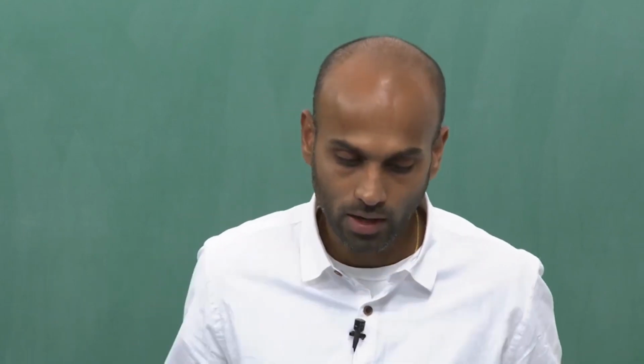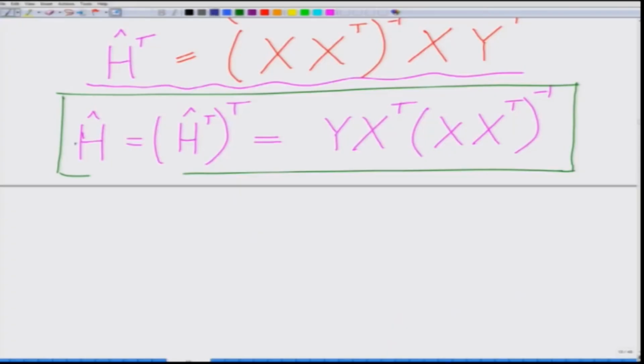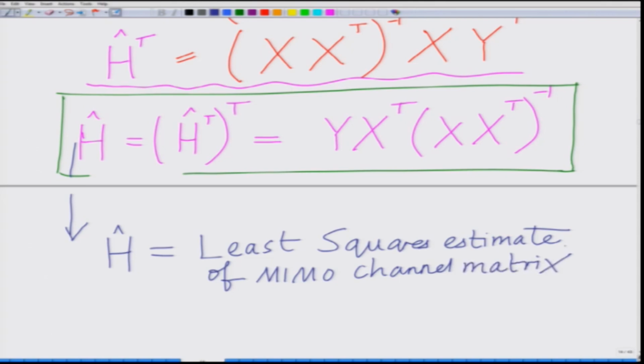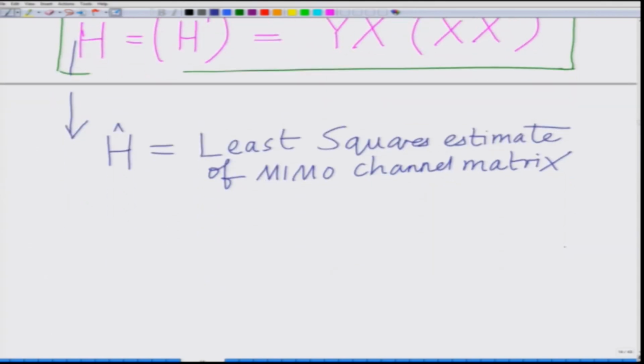So, let me repeat that, just write it down again. To summarize, h hat equals least squares estimate of the MIMO channel matrix.